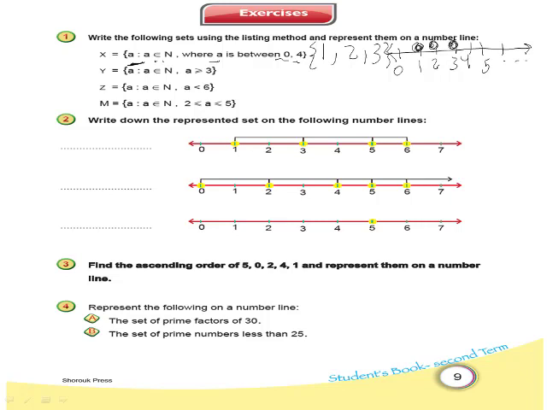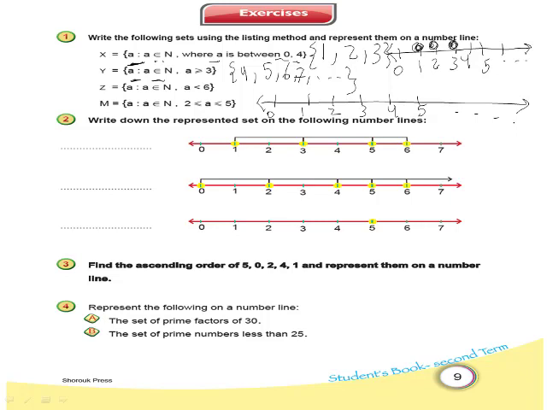The next one, Y equals A such that A belongs to N, and A is greater than 3. What are the numbers greater than 3? 4, we don't take 3 with us, 4, 5, 6, 7, and so on. How can we represent this on the number line? We draw our number line in our graph copybook, and we draw 0, 1, 2, 3, 4, 5, and so on.